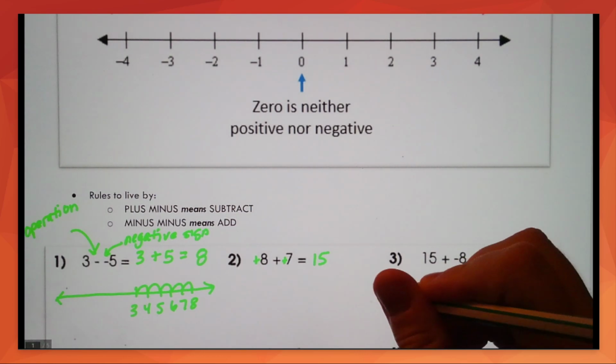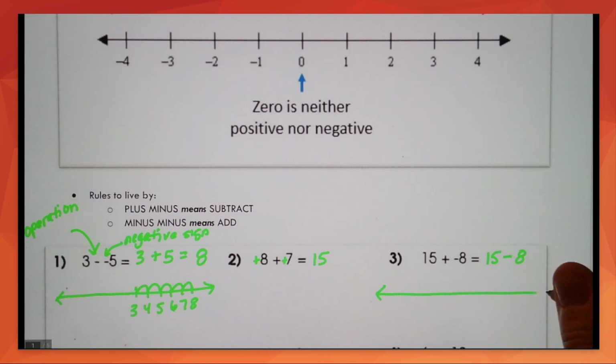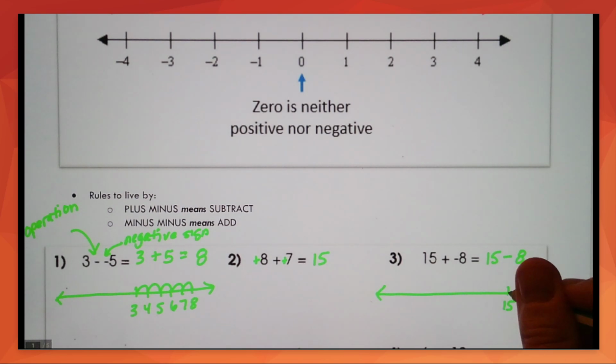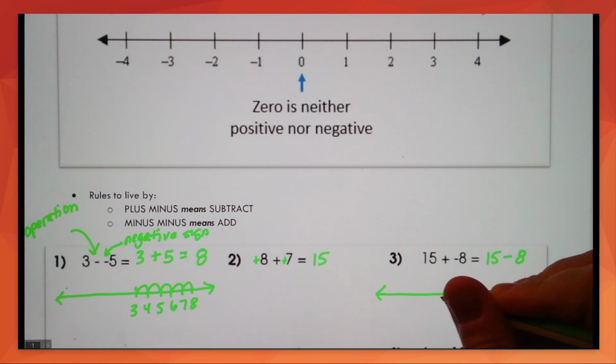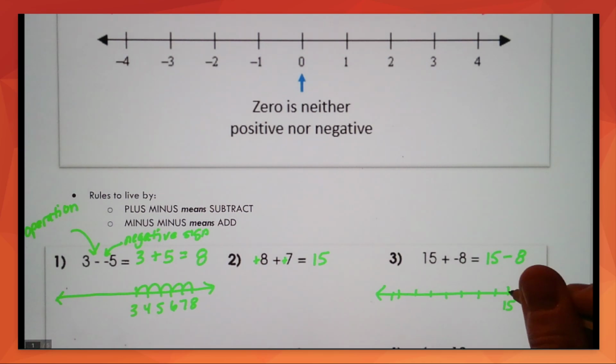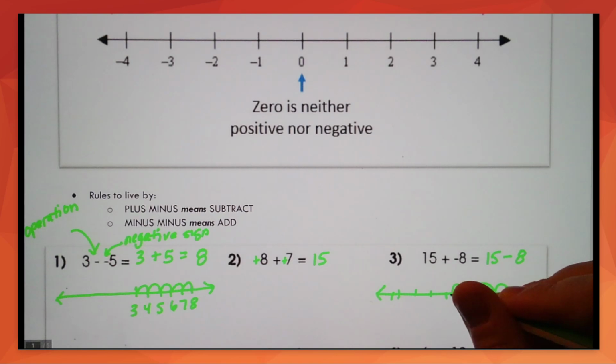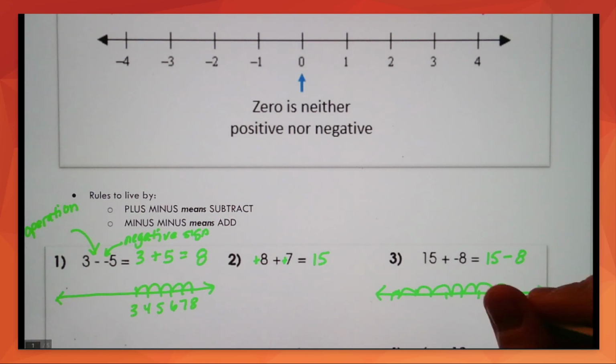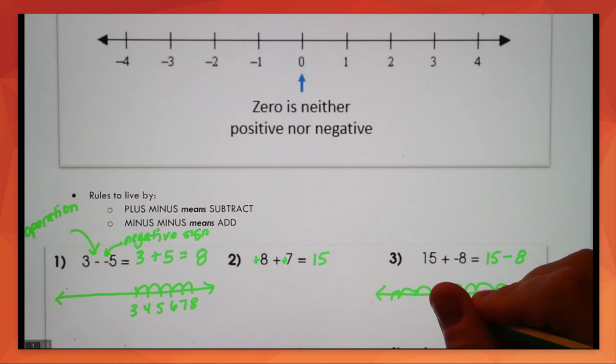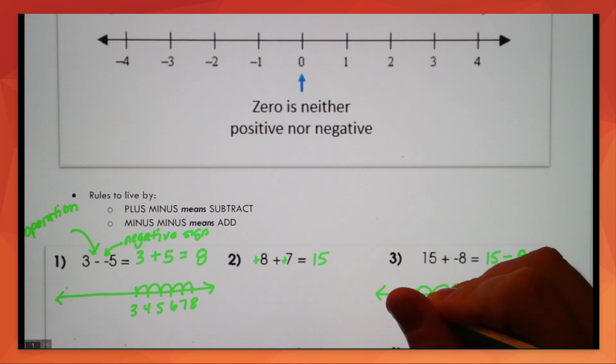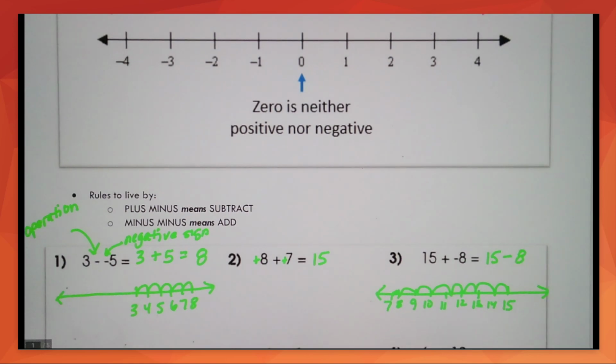And so if I have a number line, and I'm starting at 15 up here, I go back 1, 2, 3, 4, 5, 6, 7, 8. Then I have 14, 13, 12, 11, 10, 9, 8, 7. Then 7 and 8 adds up to 15. We actually just learned that in the last problem, so this makes sense.